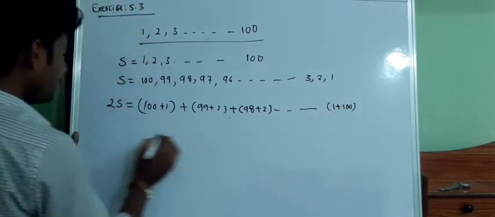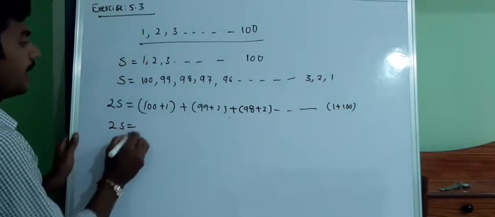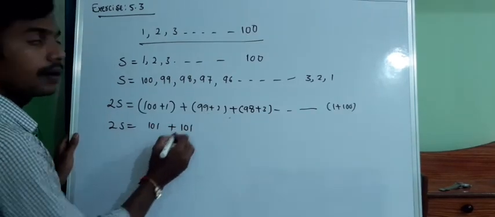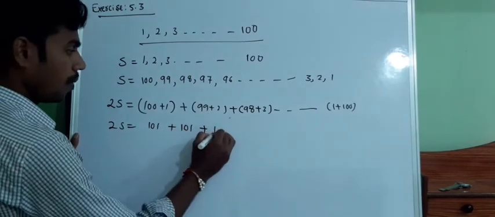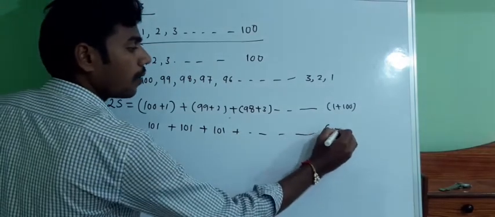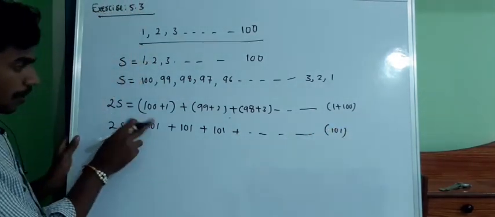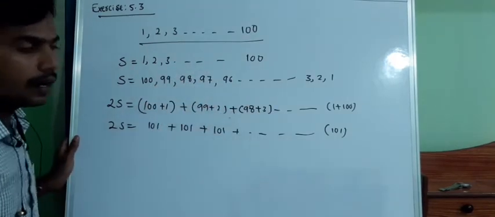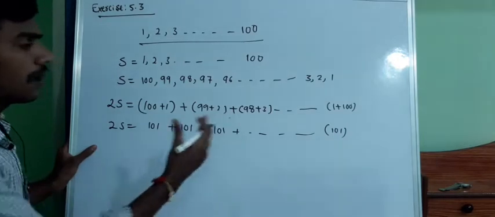When I add these, what am I going to get? 101 plus 101 plus 101 plus 101. We are going to get 100 101s. I am going to find the sum of this.